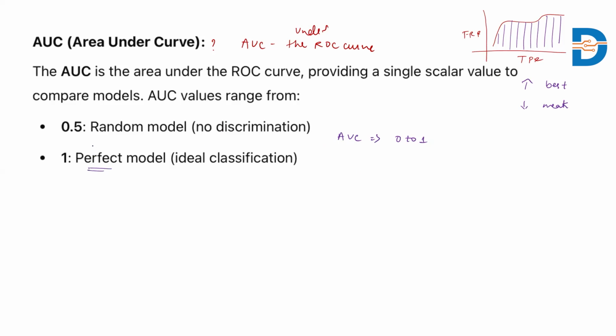Your model performance is the best, and it's able to predict on newer data too. If it is 0.5, your model is random, which is not so good. So AUC should always be nearer to 1, let's say 0.6, 0.7, 0.8, so that we can tell the model performance is good.